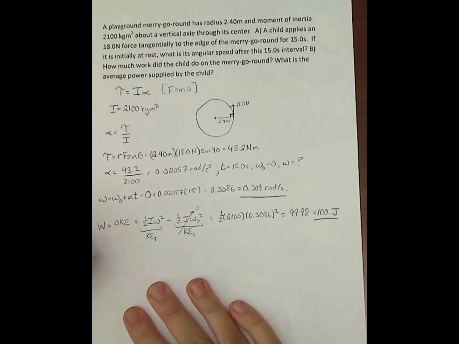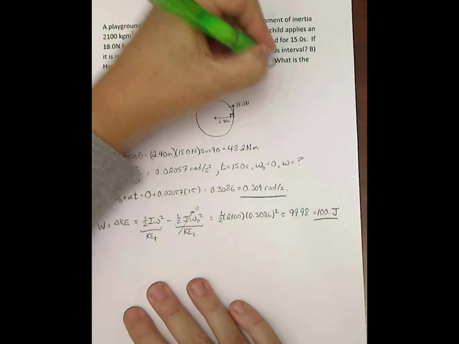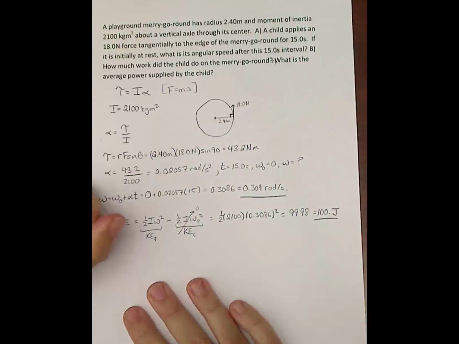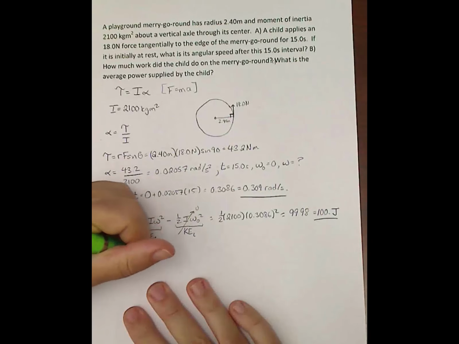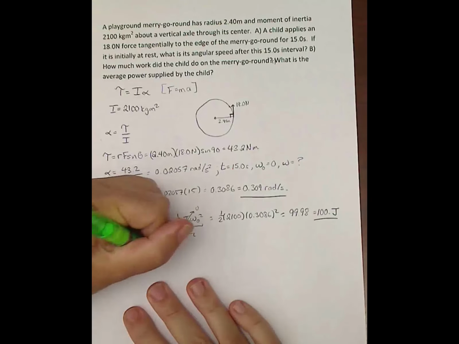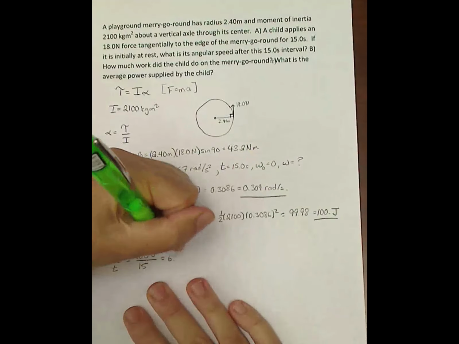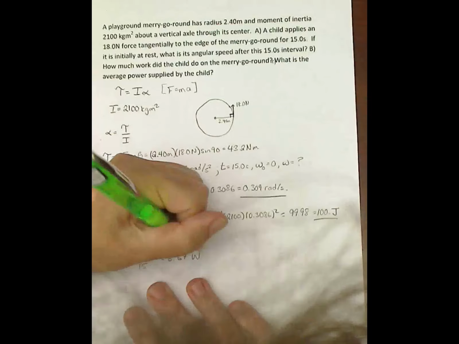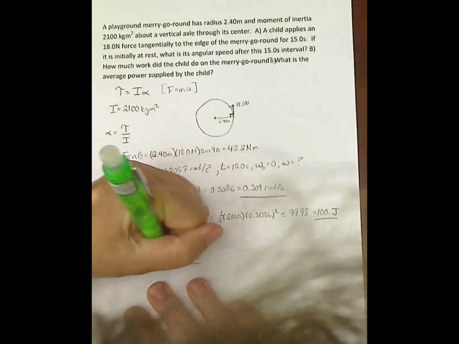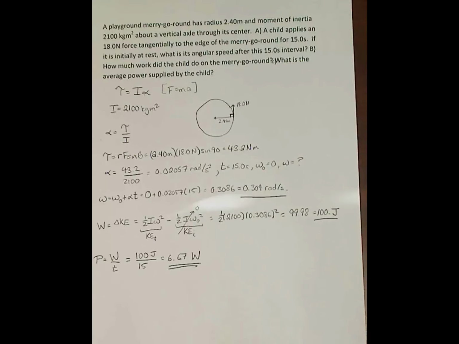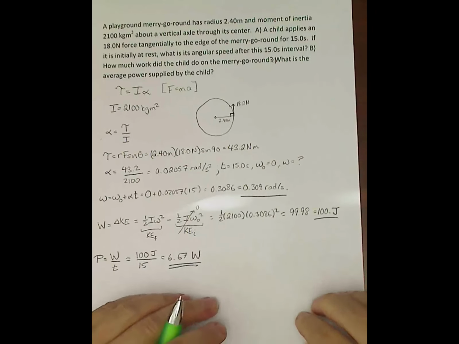Okay, so that's the work. And part C, what's the average power supplied? Well, power is work over time, so 100 joules, and it took them 15 seconds, so I get 6.67, and the units for power are watts. Okay, so this is using Newton's law for rotation to solve some energy problems.